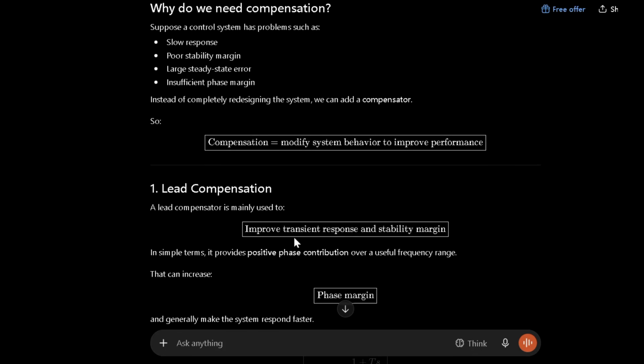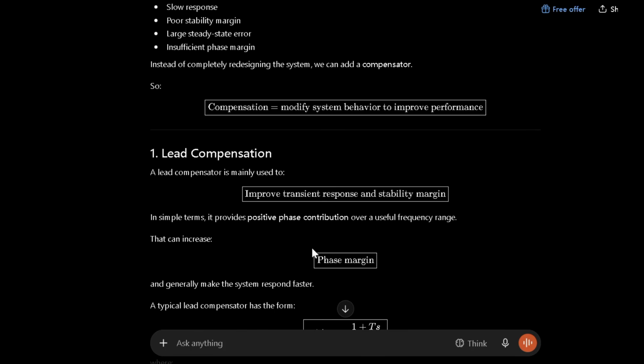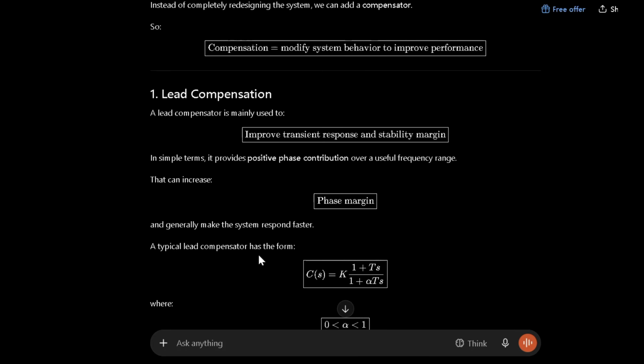Lead compensation. A lead compensator is mainly used to improve transient response and stability margin. In simple terms, it provides positive phase contribution over a useful frequency range that can increase phase margin. So lead compensator is used to improve transient response.